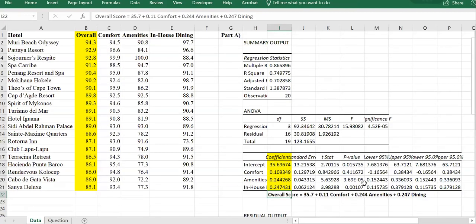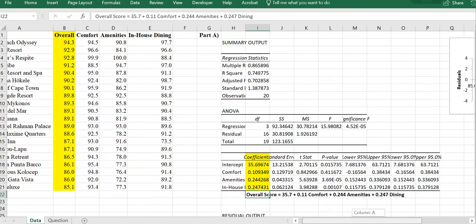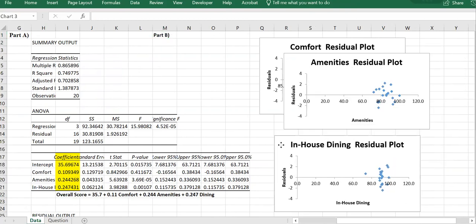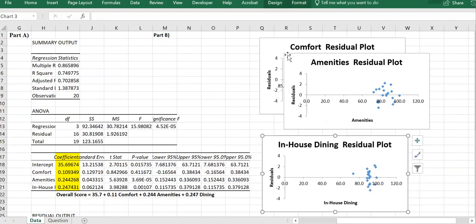So going back here for part B, I'm going to check the necessary conditions by looking at the residuals.